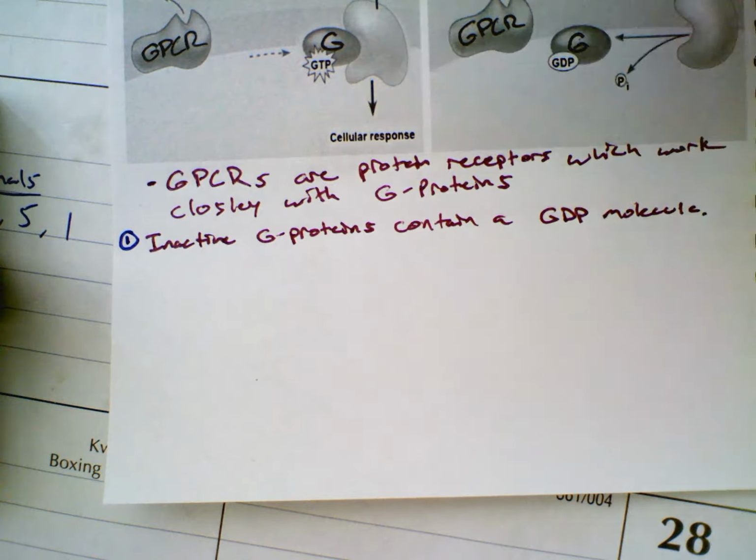So GTP is guanosine triphosphate, and GDP is guanosine diphosphate. It's the exact same thing as ATP, just with a guanine instead of an adenine. Okay? So don't let that throw you off. Basically, it's just a source of phosphate groups. And phosphate groups can be used to turn proteins on and off by phosphorylating and then removing those phosphate groups. So this is just a source of phosphate.